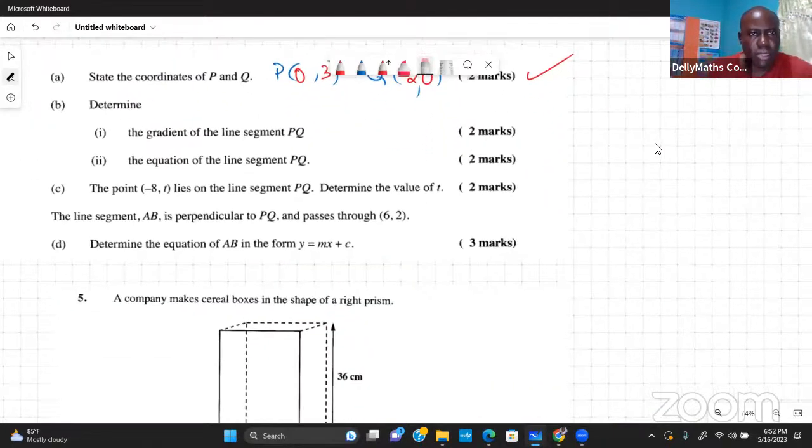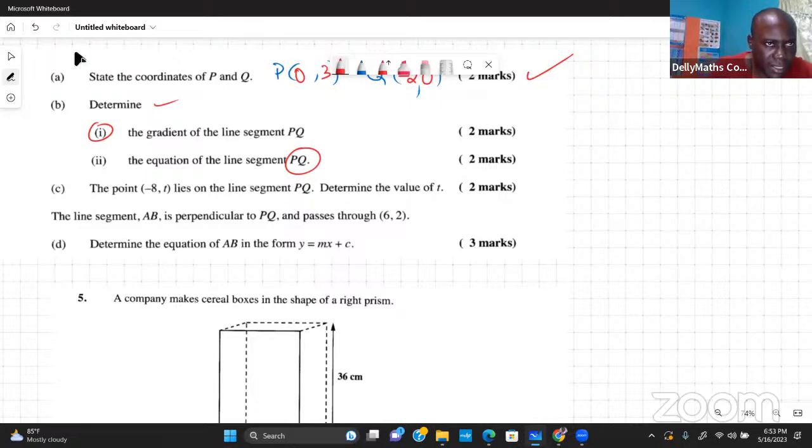All right, so we looked at the gradient here. Now, what about the next question? It says, determine the equation of the line segment PQ. Well, when I get things like this, simple, I'm not going to do much because the idea is already there.